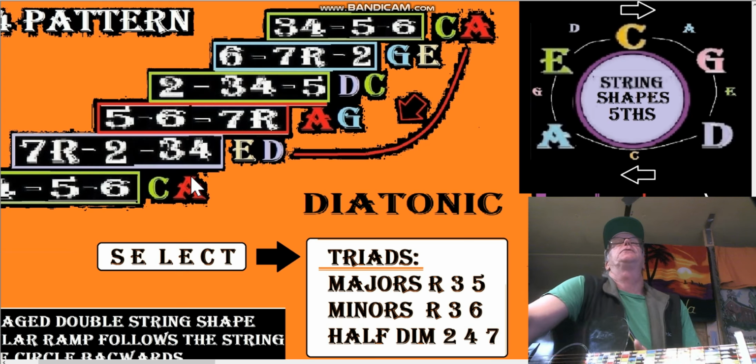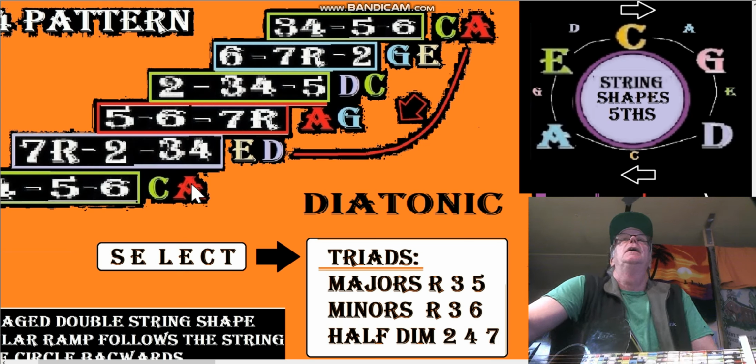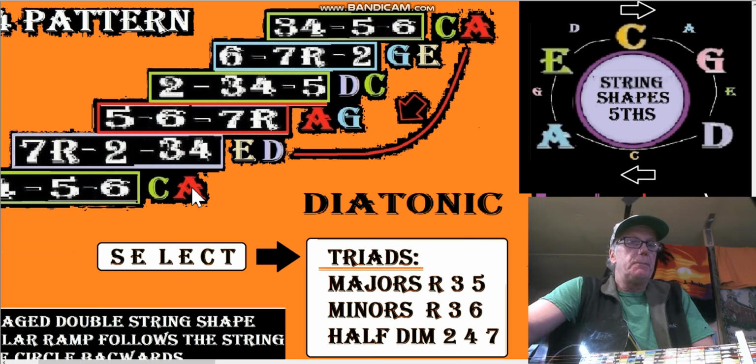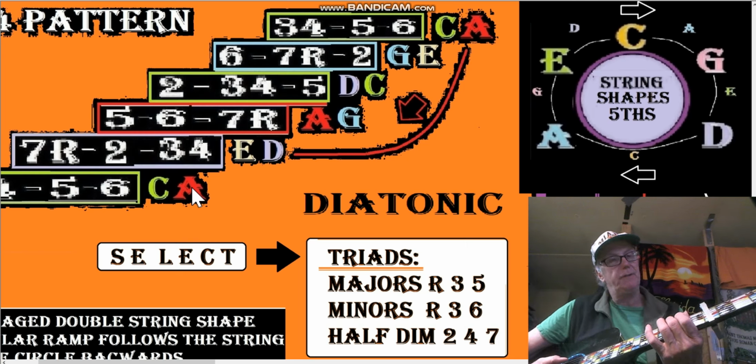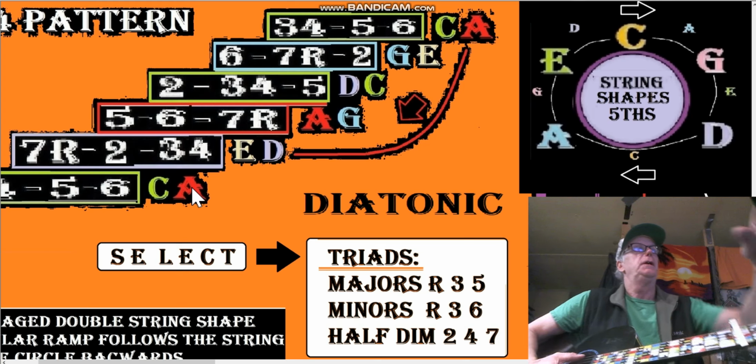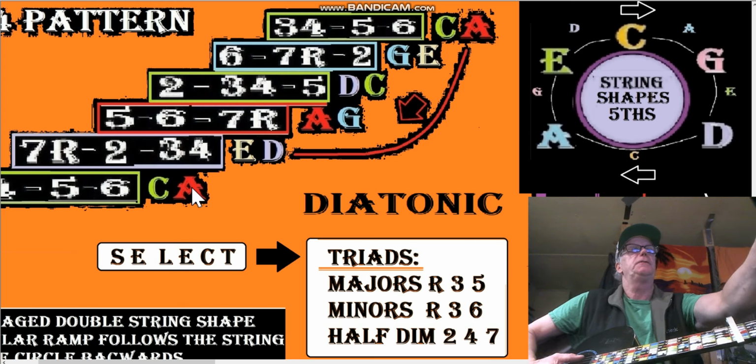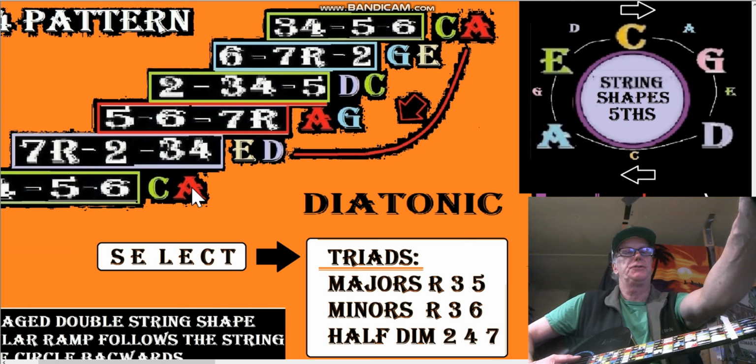All right, so that's what I was explaining: when we're doing the major seventh ramp, we're essentially going to the fourth of that major seventh interval. So if you want 3, 5, in an E minor seventh it'd be 3, 5, 7, 2.